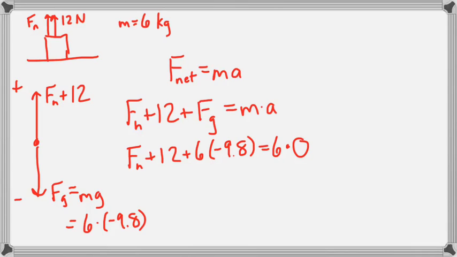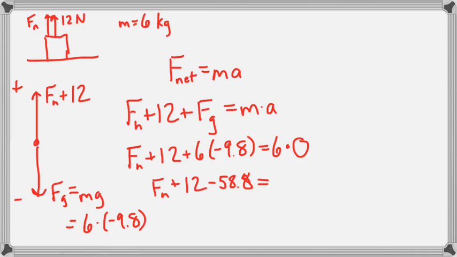All right, and now we're going to start simplifying and evaluating here. So F sub n plus 12, and then I have to take 6 times negative 9.8, and I get negative 58.8, so let's write minus 58.8. That's not the greatest looking 8 in the world.